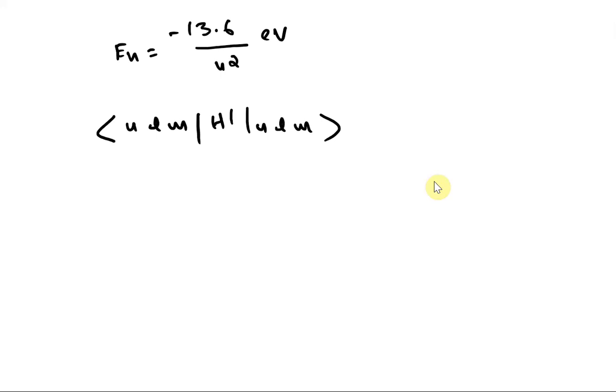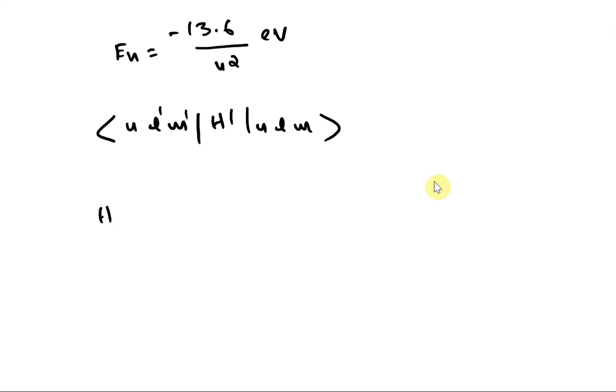All are having n equal to 1 and n equal to 2, that is same. So the difference here is for l and m. So we'll find out this value for different combinations and fill the matrix.